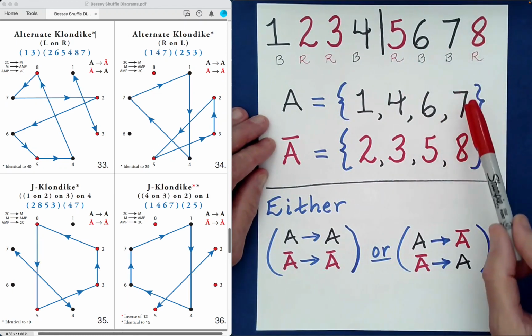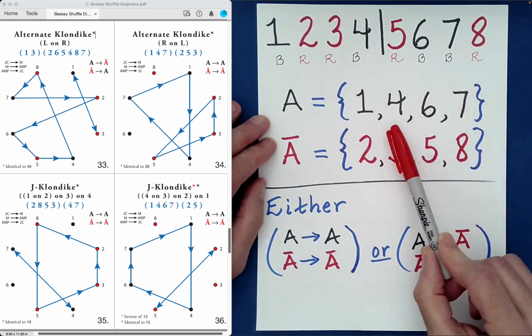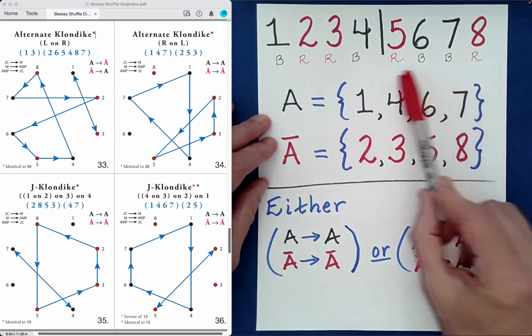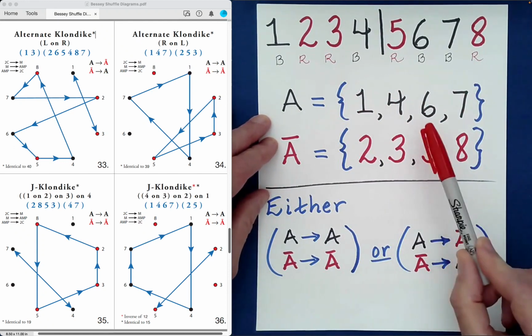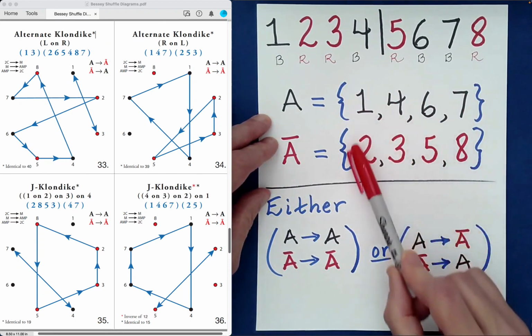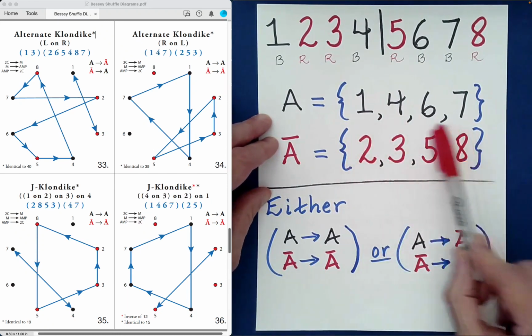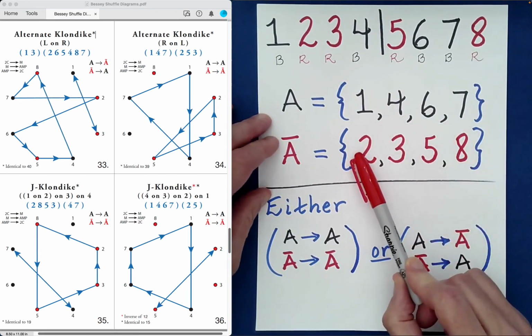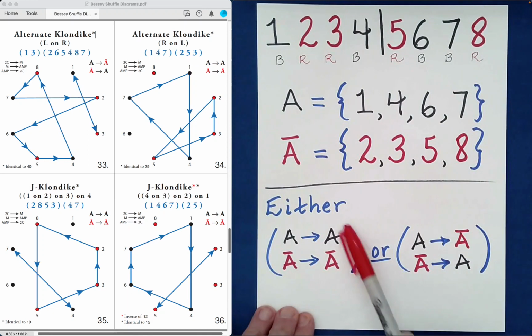When cards that begin in positions 1, 4, 6, 7 end up in these same positions after a shuffle is completed, and the same thing for 2, 3, 5, 8, if the cards within these positions stay within those positions, then we say that that Bessey sequence is preserved, and it's denoted as follows.